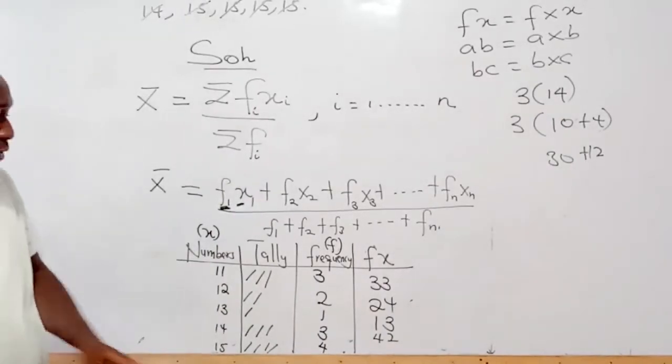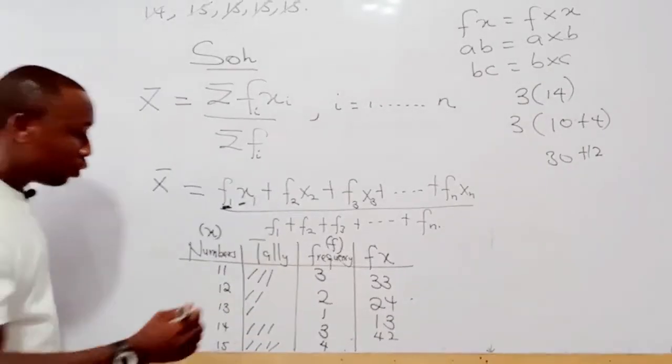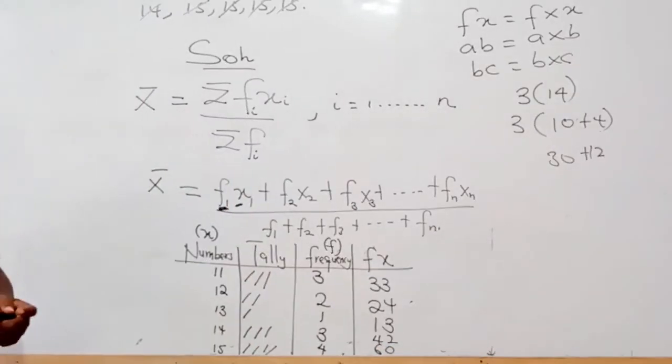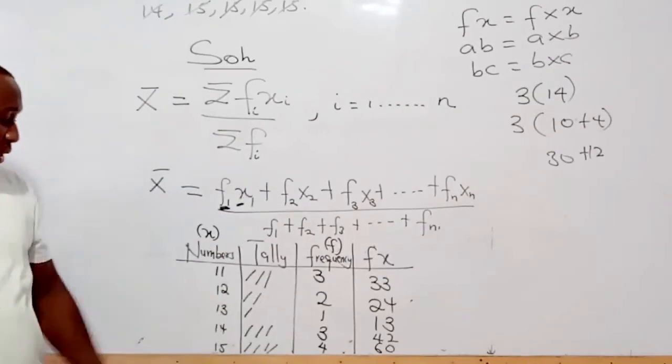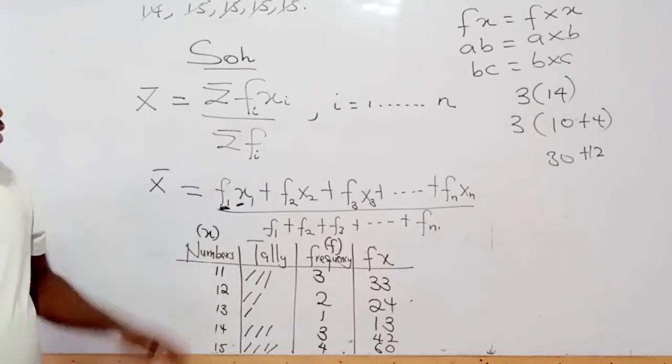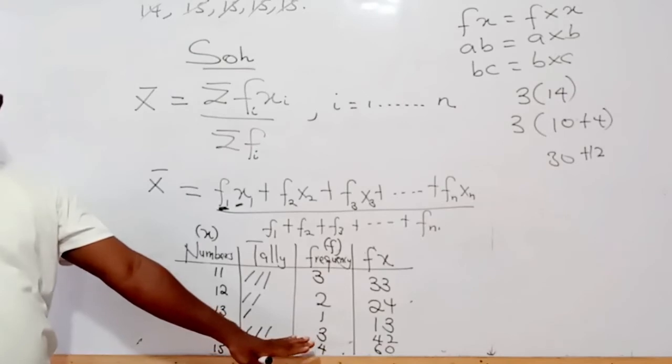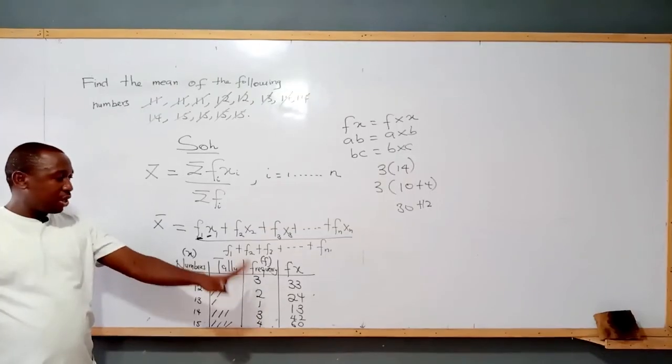Then the last one, 15 times 4, will be 60. So this is how we generate our table.